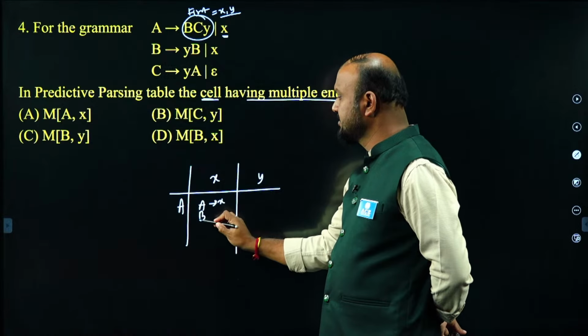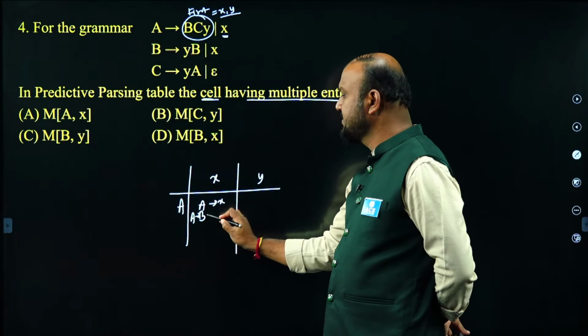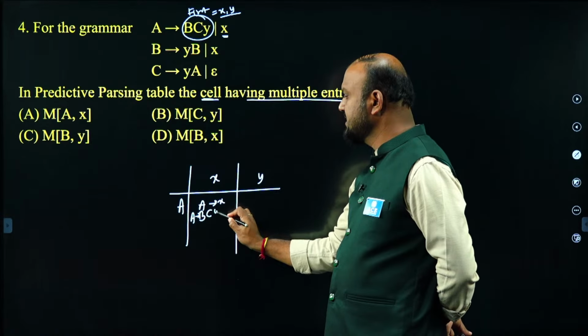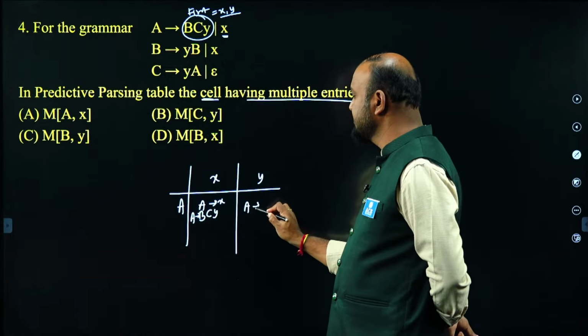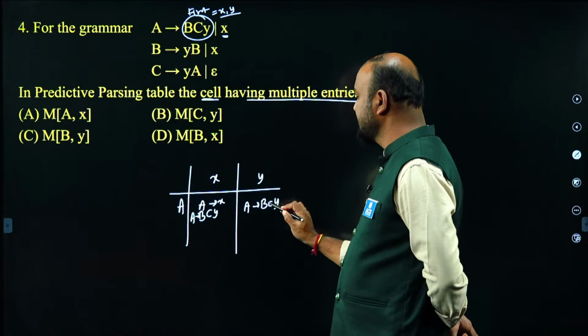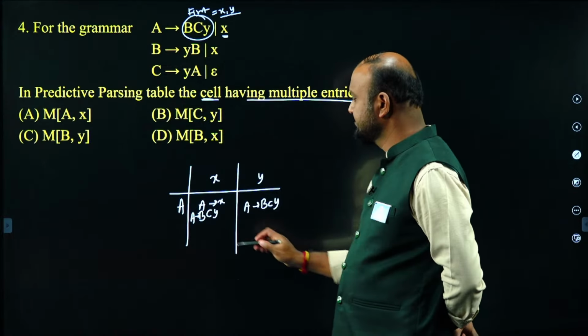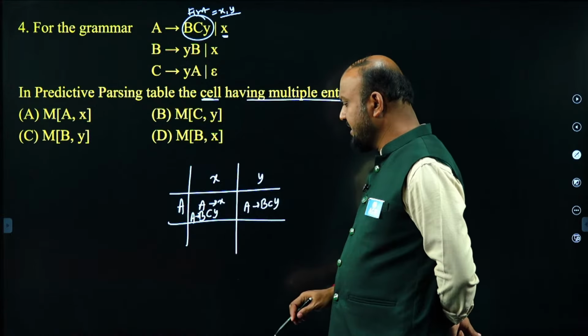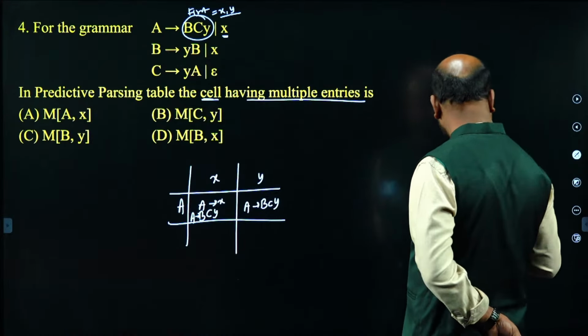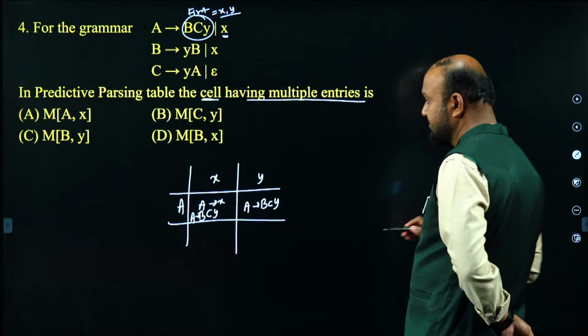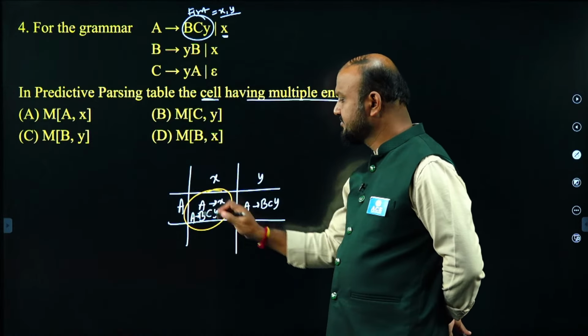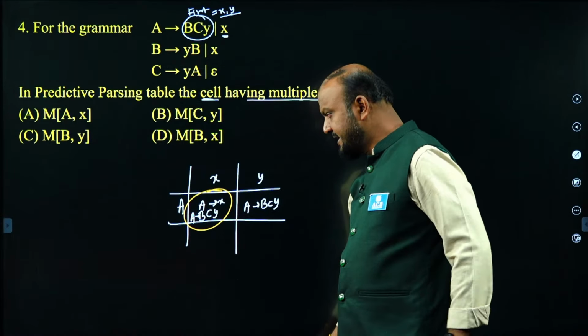A derives B, capital C and small y. So in the A row X column, what can you see? A tends to X, A tends to BCY.